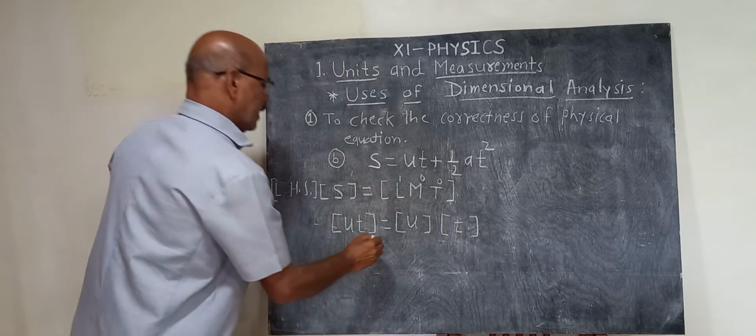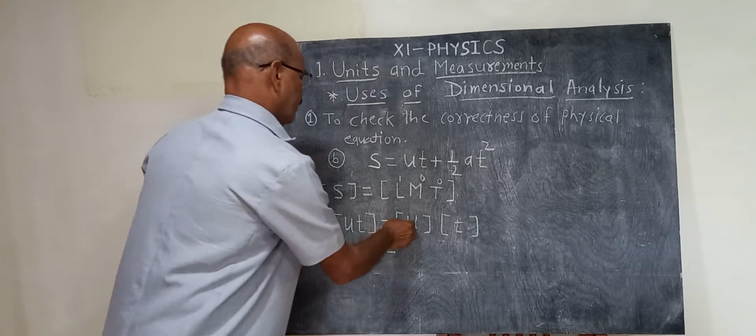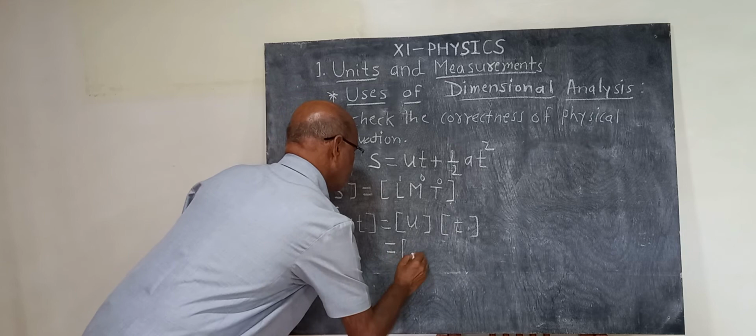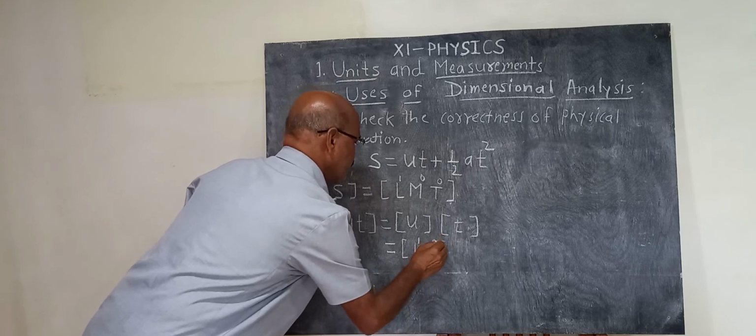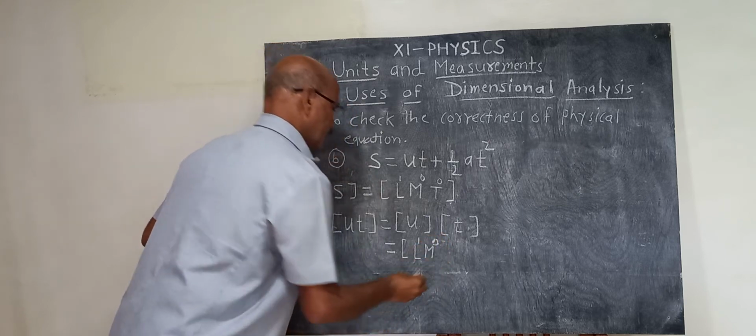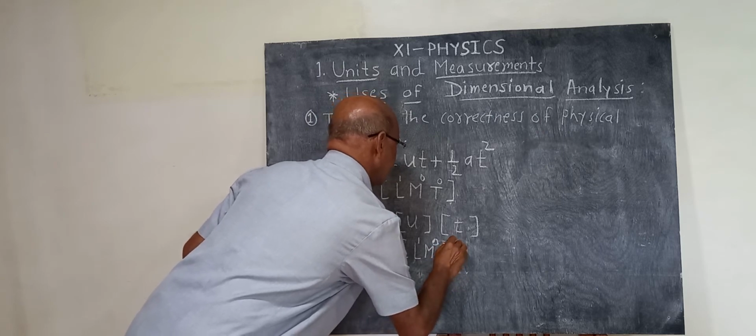Then writing the dimensions of initial velocity, 1 in length, 0 in mass and minus 1 in time.